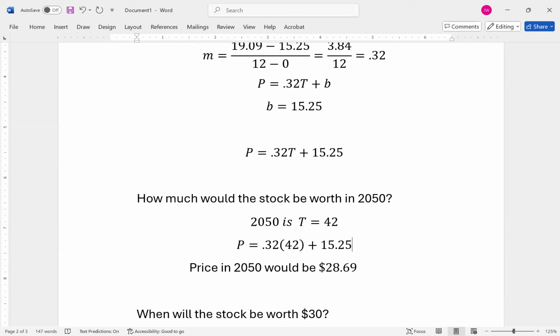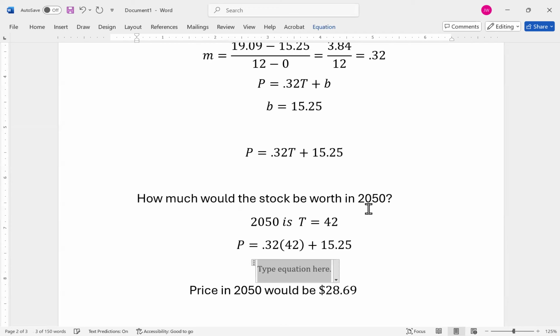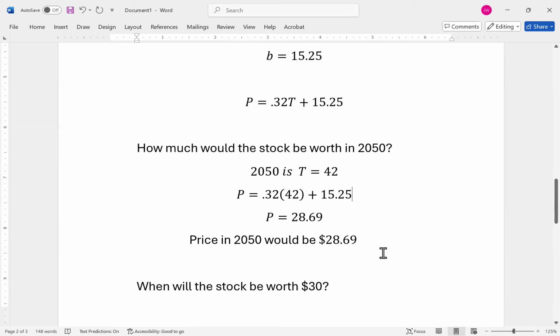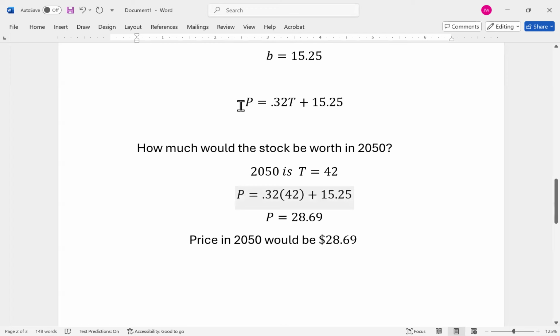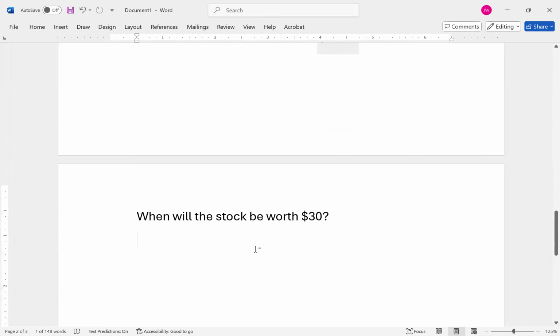Okay. And again, I'm just simplifying that. P equals, there we go. Now, when will the stock be worth $30? I'm going to take this same equation, and if we're asking when will the stock be worth $30, we're saying when is the price 30?